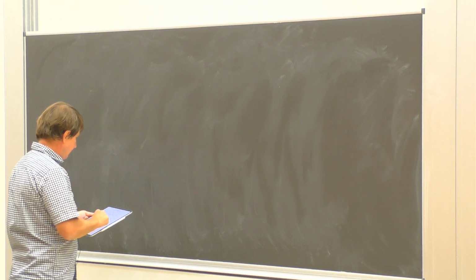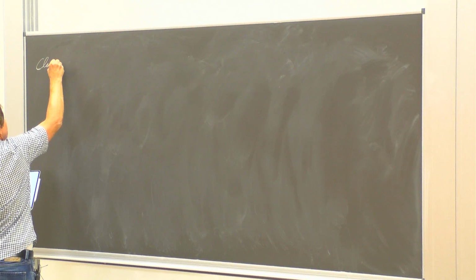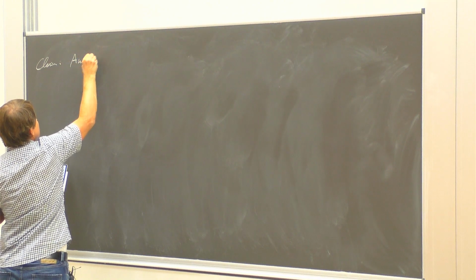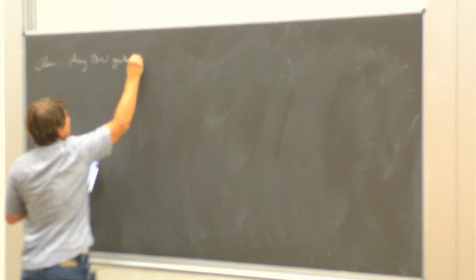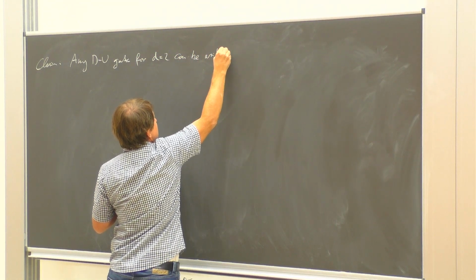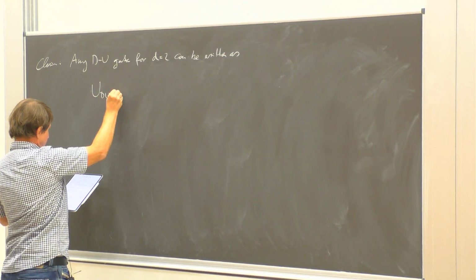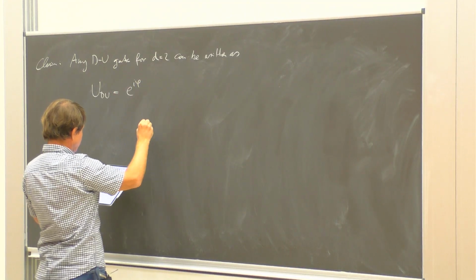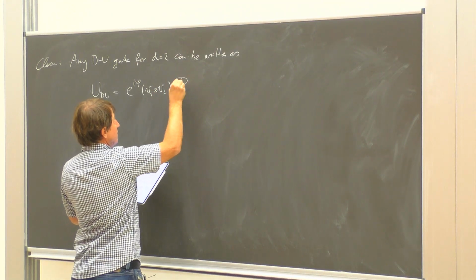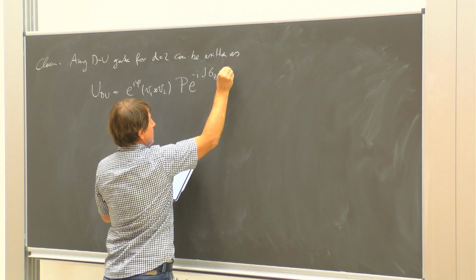Okay, so now I will just write it. The third claim, which is my parameterization: any dual unitary gate for d equal to 2 can be written as some global phase, which is usually completely irrelevant, then V1 tensor V2, permutation, times Z interaction.